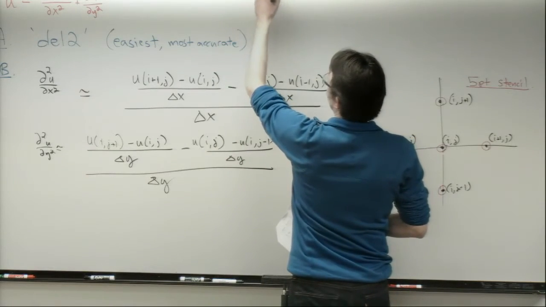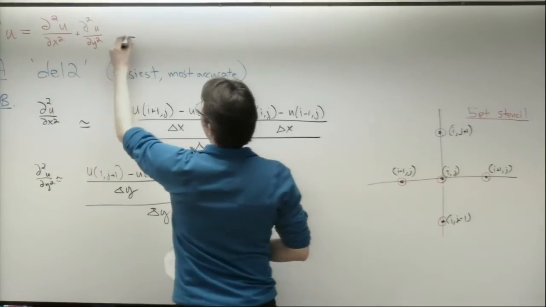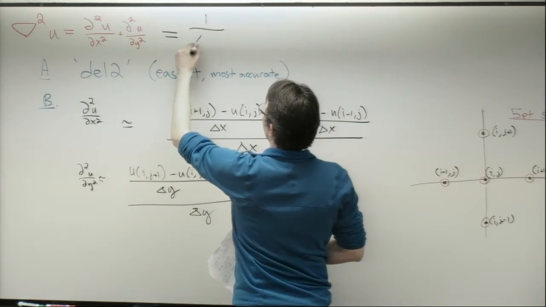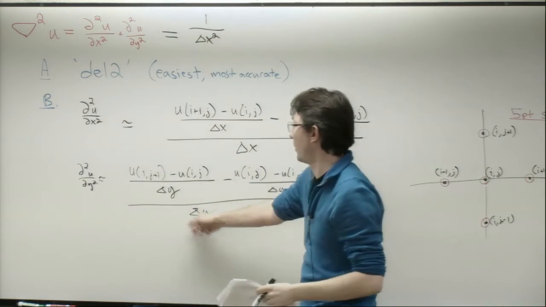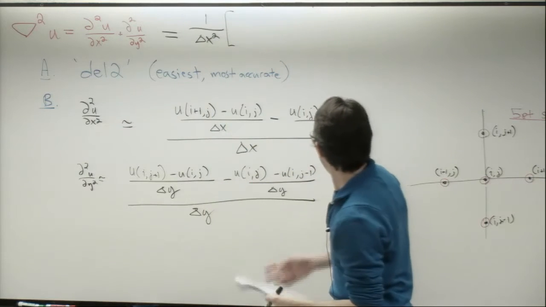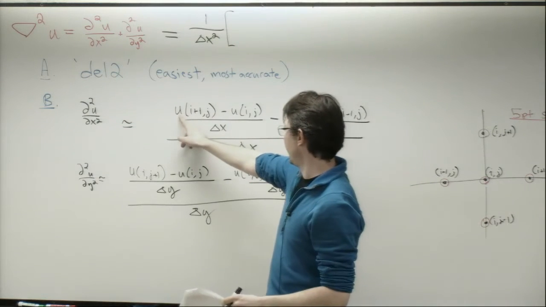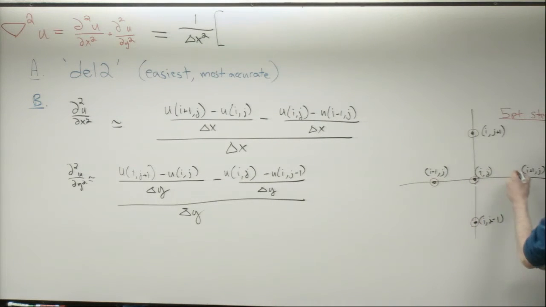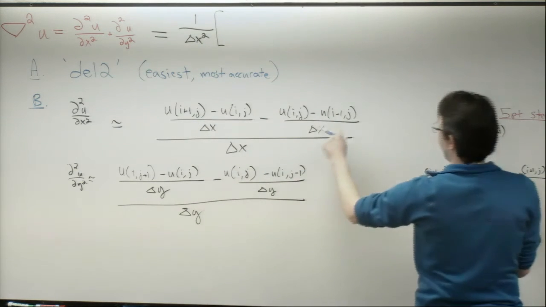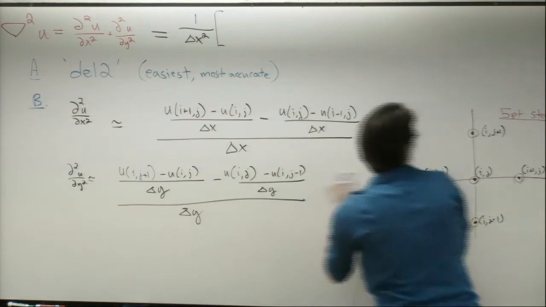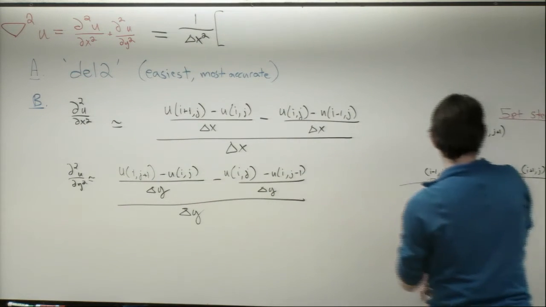So my Laplacian equals 1 over delta x squared. I'm assuming delta y is equal to delta x. 1 over delta x squared times, okay, what do I have? I have a positive value of this point, a positive value of this point, a positive value of this point, and a positive value of this point.